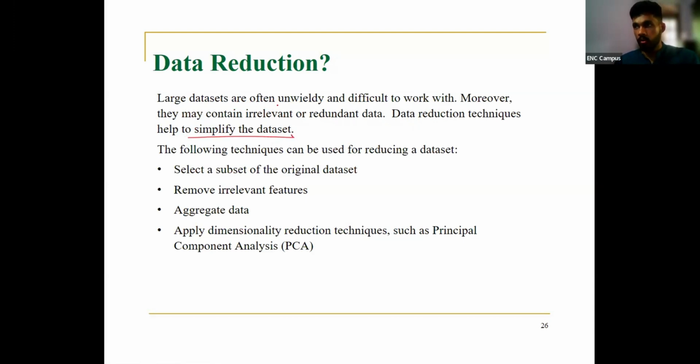There can be irrelevant or redundant data, so we minimize it to a smaller size, which gives us a simplified data set. The following techniques can be used for reducing a data set: selecting a subset of the original data set, removing irrelevant features, aggregating data, and applying dimensionality reduction techniques such as principal component analysis.